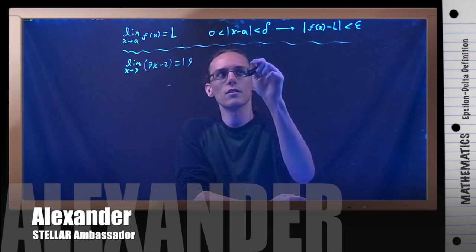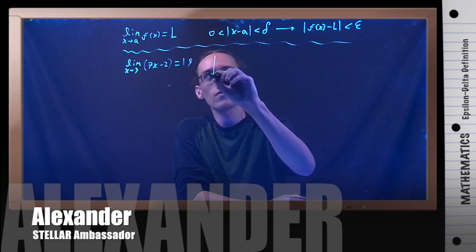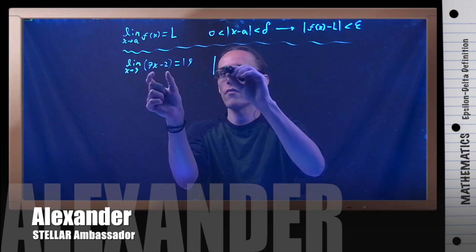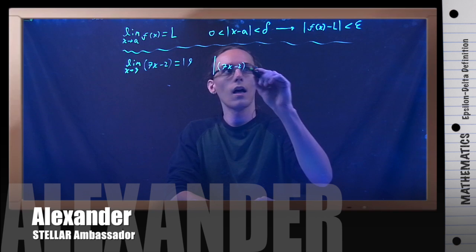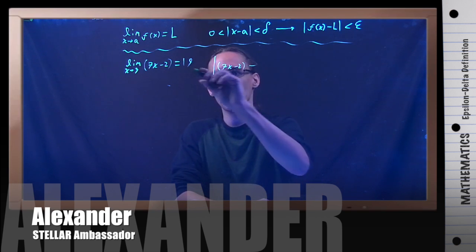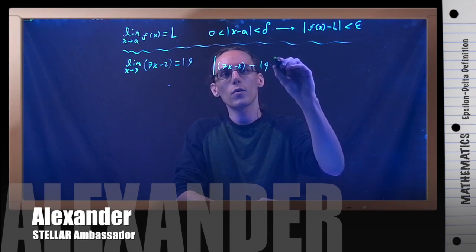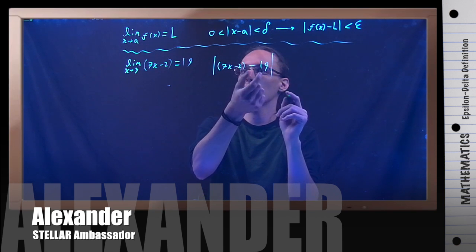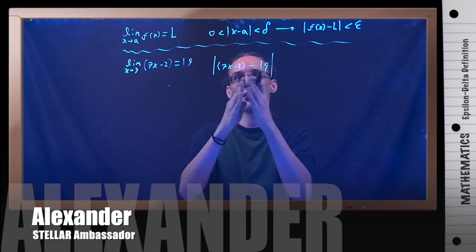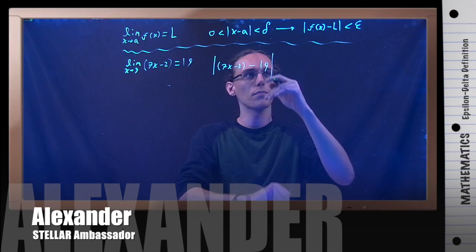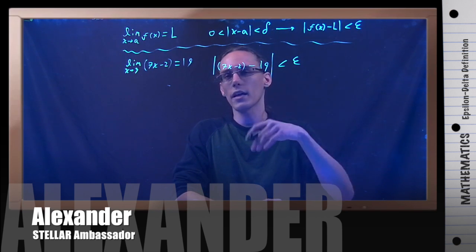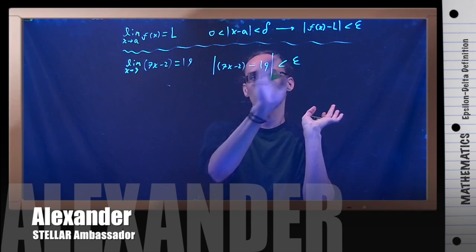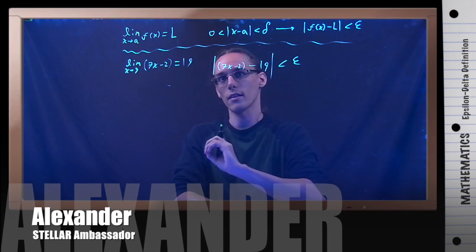So if I take the absolute value of my function, where my function here is the 7x minus 2, I subtract the limit, so minus 19, and notice we are doing the absolute value of this because what we care about is the distance between the function and the limit, either negatively or positively. And if I say that's less than some number epsilon, where that's just any number you give me, so just call it epsilon, I should make sure this is less than that.